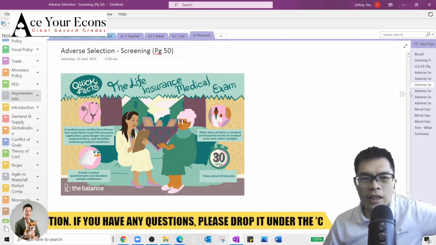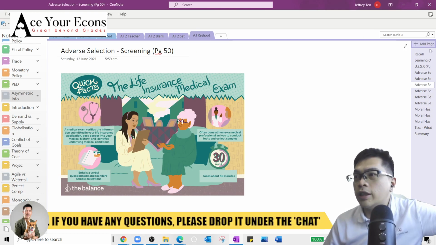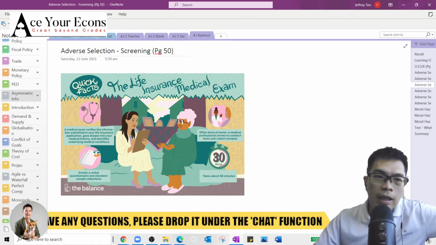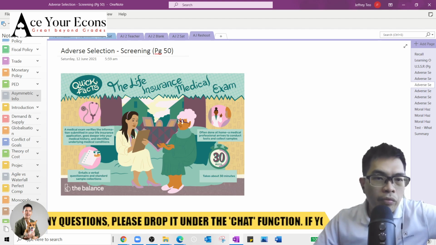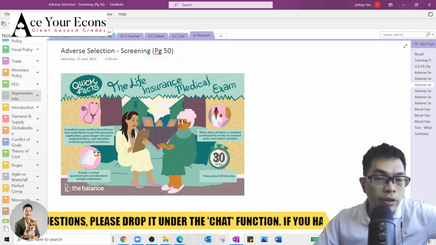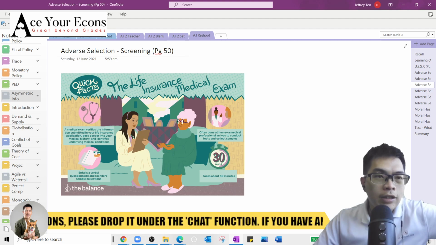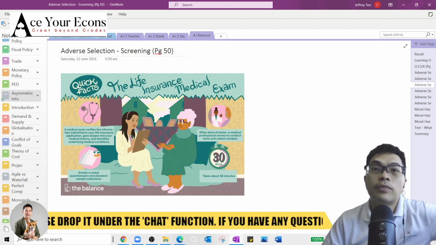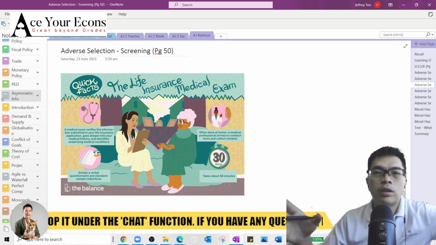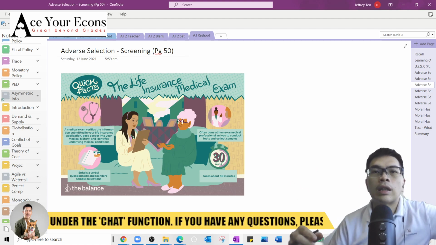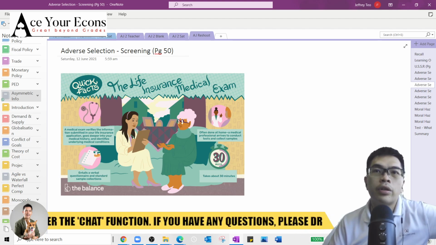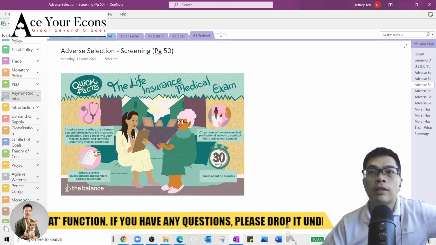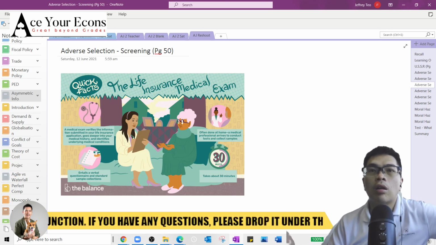Alright, so the next one that you can see is what we call screening. In this case, the example that I used was health insurance screening. If you ask your dad, you will know that prior to admitting someone who's going to buy insurance into the insurance pool, they are likely to send the person for a health screening, especially if they declare some past history of smoking or alcohol consumption.